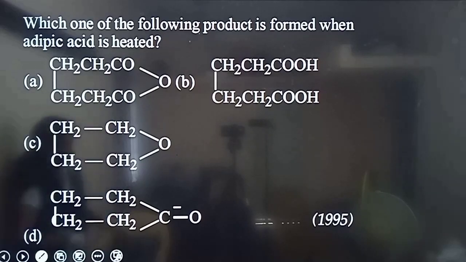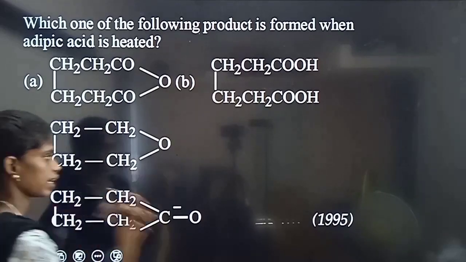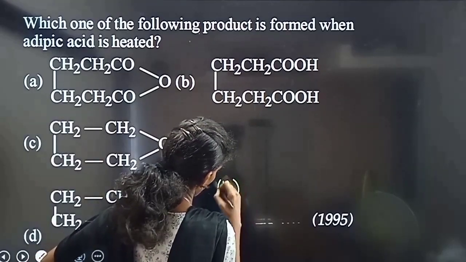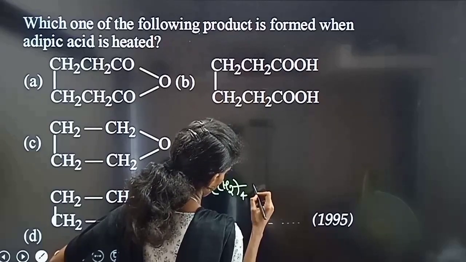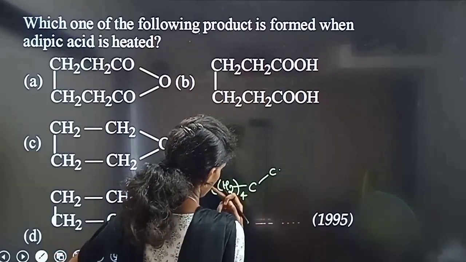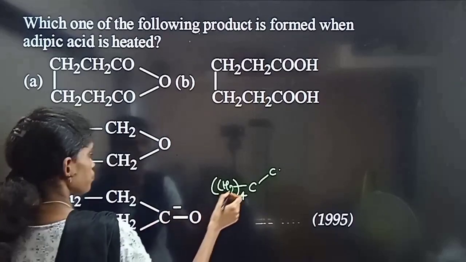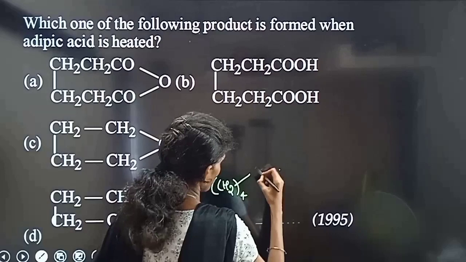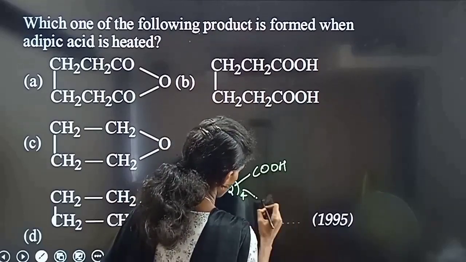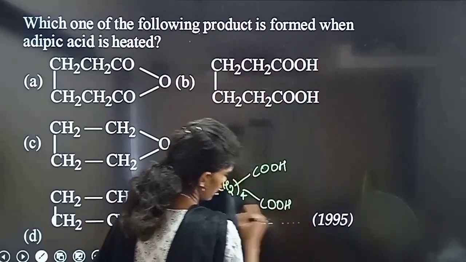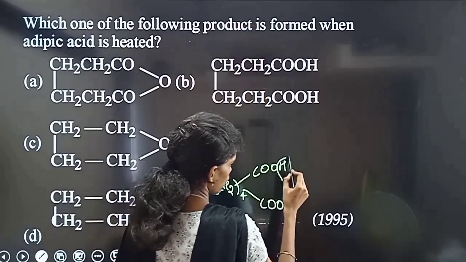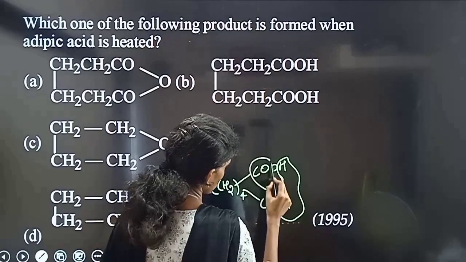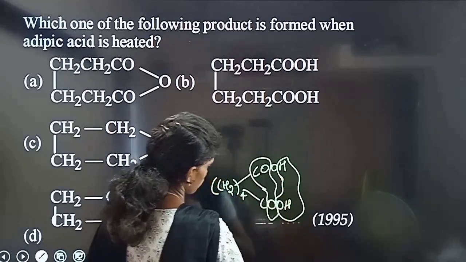So when adipic acid is heated, adipic acid is nothing but HOOC-(CH2)4-COOH, CH2 four times. When it is heated, H2O will be eliminated along with carbon dioxide.